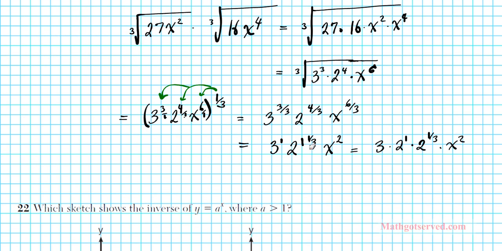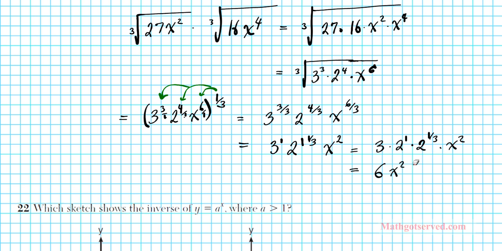This is 1 and 1/3. This is a sum, so I split it into 2 to the 1 times 2 to the 1/3. I'm separating the integer, separating the whole number, which represents a non-radicand, from the fractional exponent, which represents a radicand, okay? So now what does this become? This becomes 3 times 2, which is 6, and then x squared, and I'm left with this 2 to the 1/3.